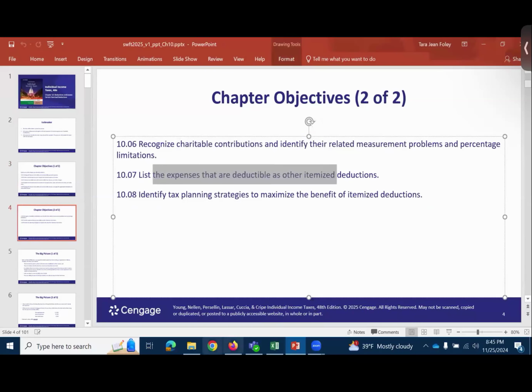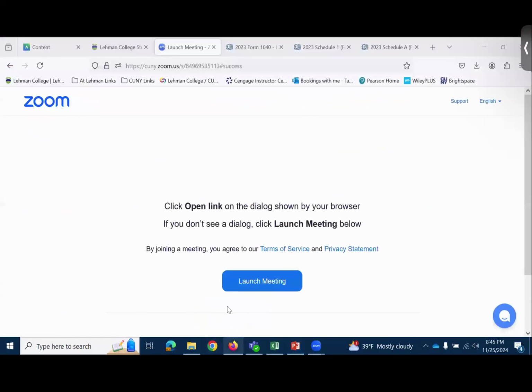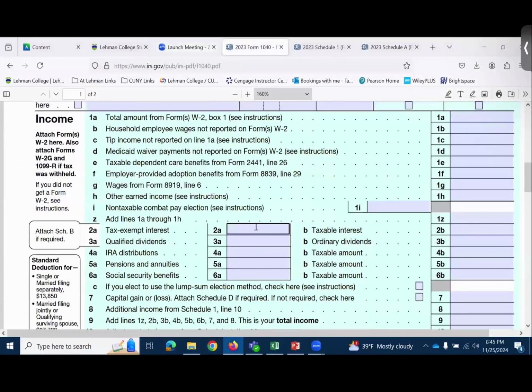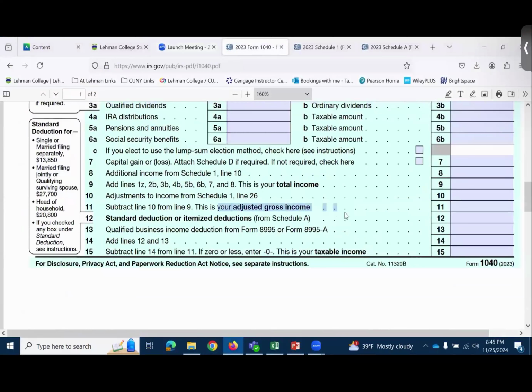So to summarize it, on our Form 1040, you have adjusted gross income. Any deductions above this line are deductions for AGI. Anything below this line, Schedule A or qualified business income, whatever's on Schedule A, are from AGI.